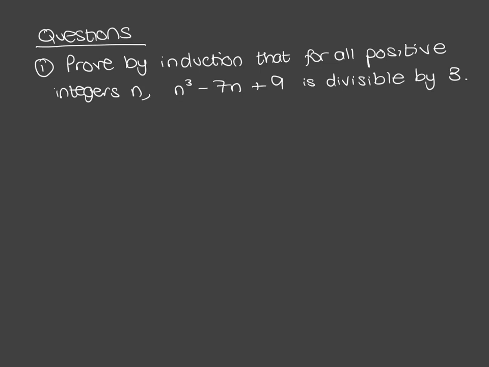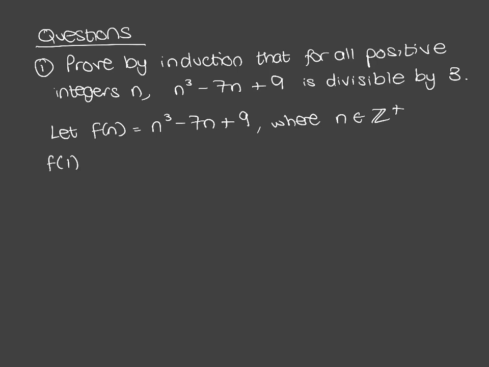Okay, so we're going to start by saying, let this function of n be n cubed minus 7n plus 9, where n is a positive integer. So we always start with the basic step of f1. So f1 would be 1 cubed minus 7 times 1 plus 9.